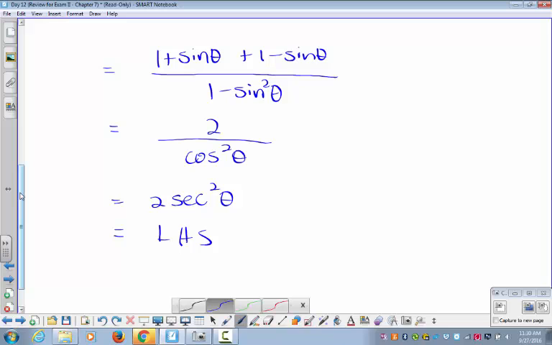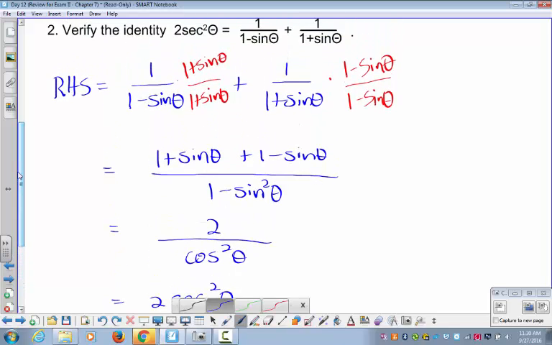Okay. Good question. So the denominator that we're generating is the product of these two. So we have, I'll just write it with an S, save some space here. So do you agree that that's the common denominator? Okay, so when we FOIL this out, first is 1, outer is minus sine, inner is plus sine, and last is minus sine squared.